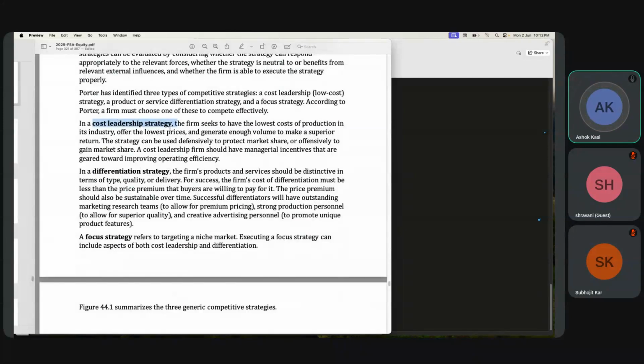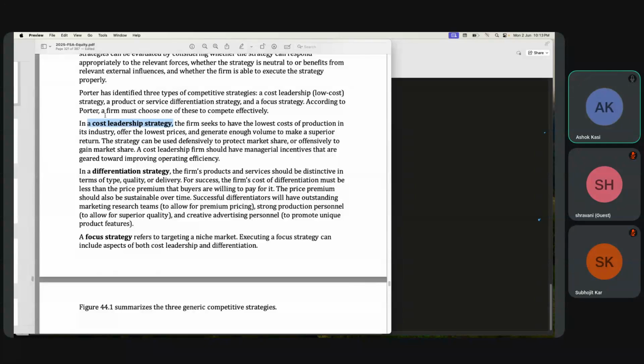Cost leadership strategy means you are selling your product with the lowest cost, and that's how you are penetrating into the market. That is called cost leadership strategy. Example, the way Reliance penetrates into the market. Initially, they keep a very low price. That is cost leader. Reliance products is an example of cost leader.